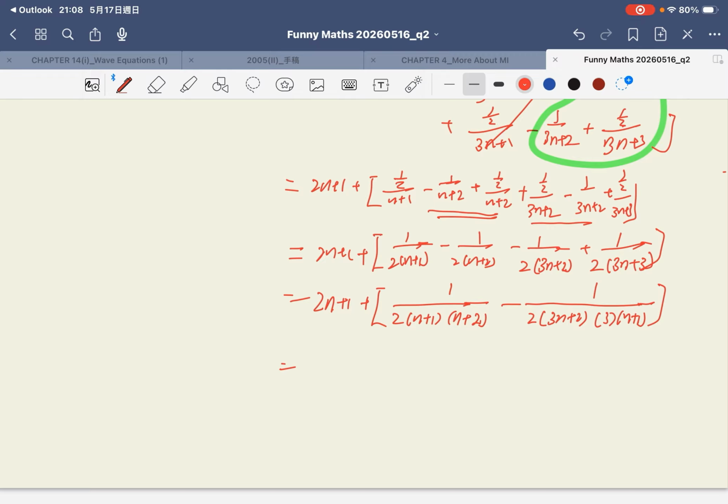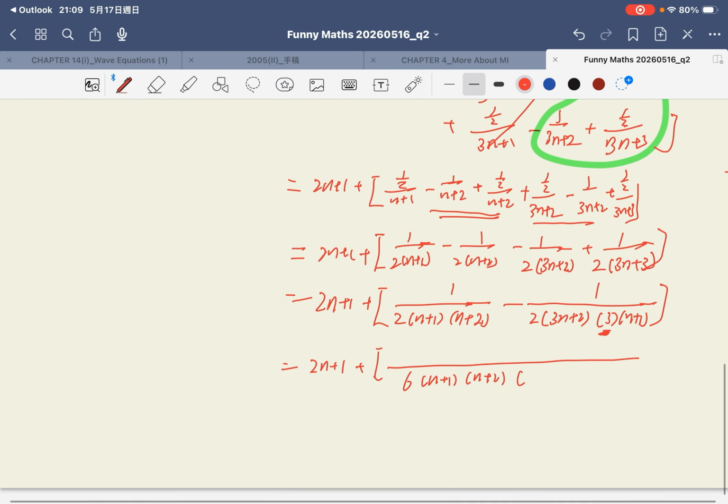We make a common denominator again. The denominator is 2 times (n+1)(n+2), and there is a 3 here, therefore I write this as 6 times (3n+2).